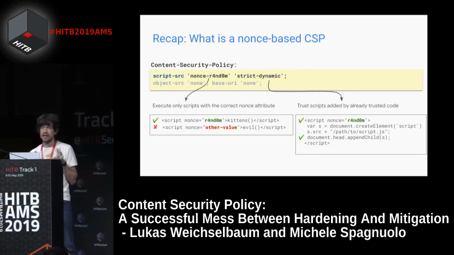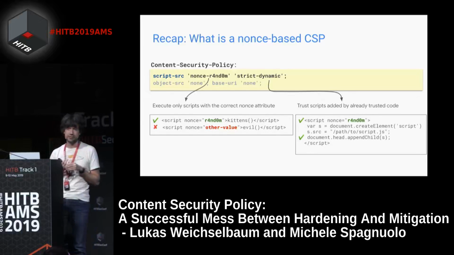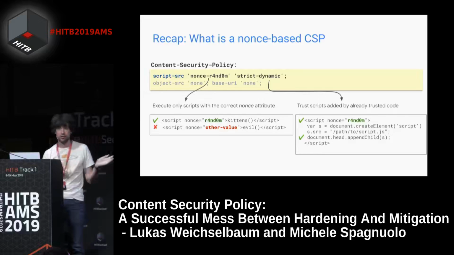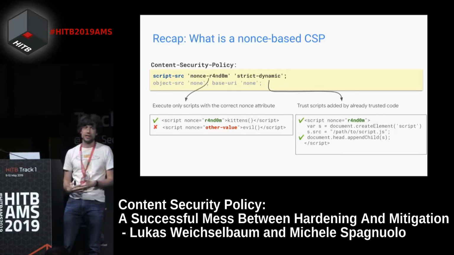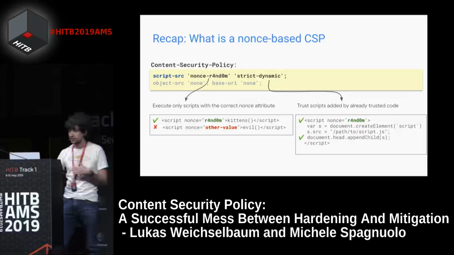If you also add a keyword that is called strict dynamic, which I and my colleague Lucas worked on in the last few years, strict dynamic makes adoption of nonce-based CSP a little bit easier. We'll see it later.